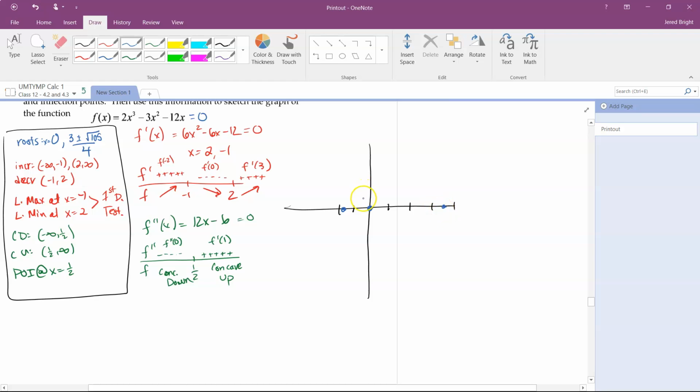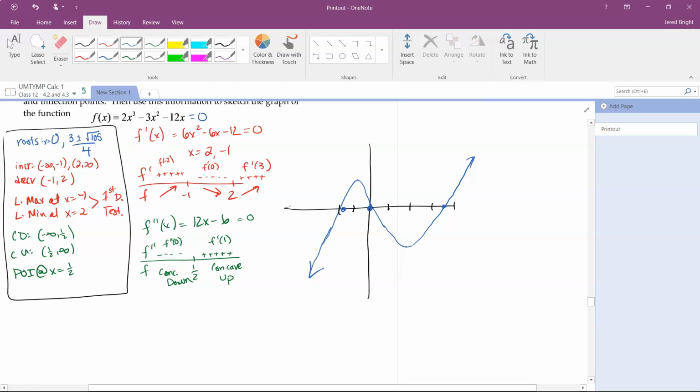Okay, and I know it's increasing on negative infinity to -1, right? And then it stops, and then I have my maximum. Then I have a minimum down at -2, and it's decreasing in this region, and then stops, and then it increases thereafter.